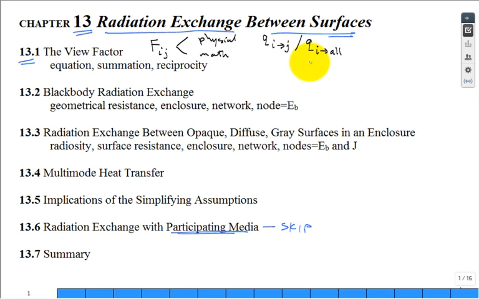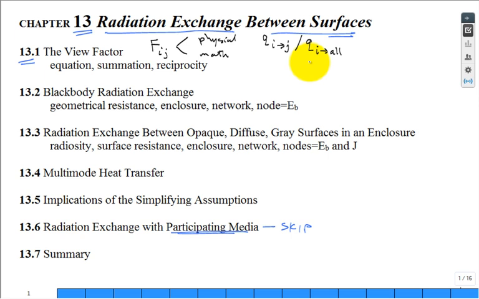It's dimensionless, and that's the view factor. What's the view factor? The fraction of radiant power, or the fraction of photons, or the fraction of radiant energy, or energy per unit time, that goes from surface I to a particular surface J. So it's normalized for all of it leaving I.